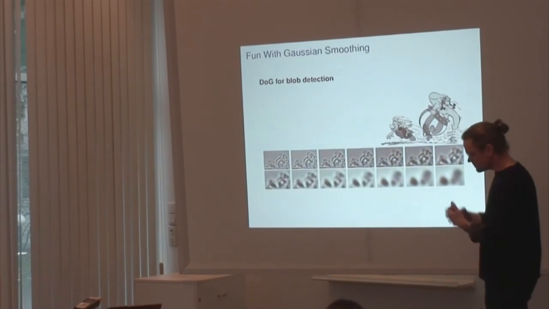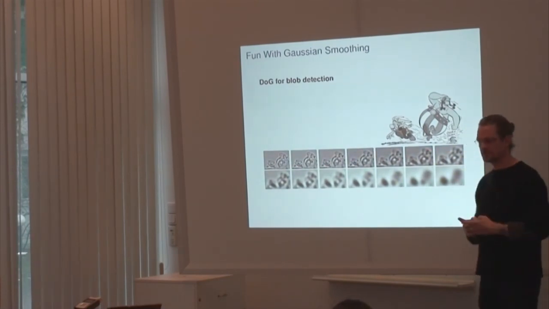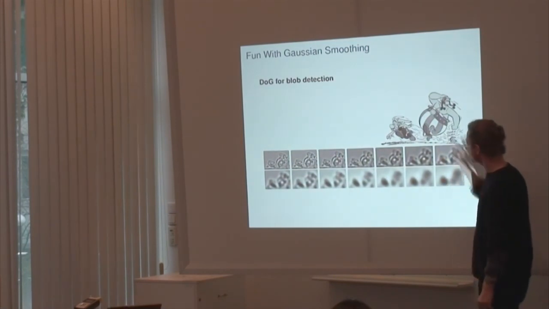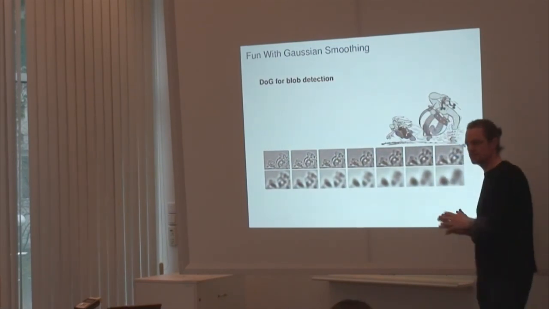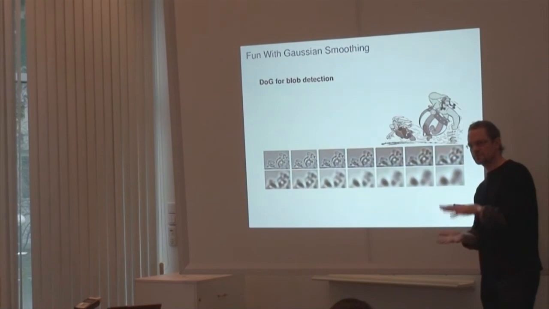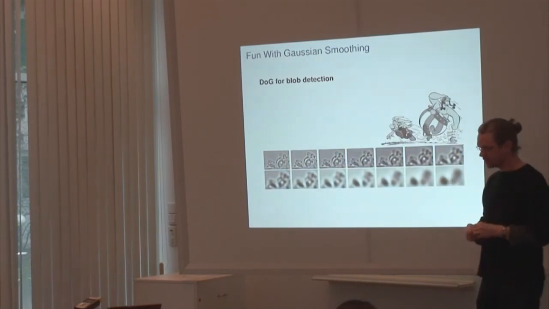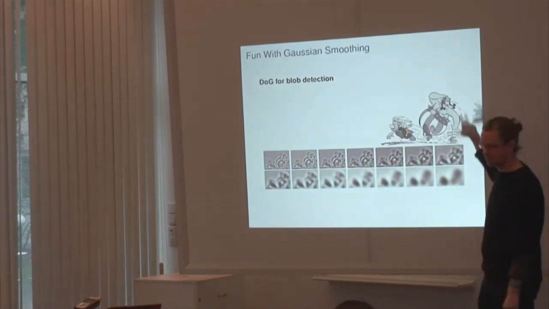And the funny thing is that these 2 blobs do appear here just by subtracting blurred versions of the image from each other. This subtraction mechanism does not know that this is an image.